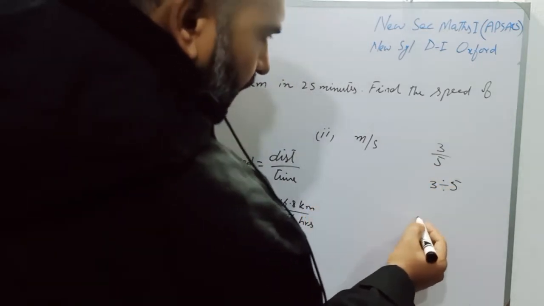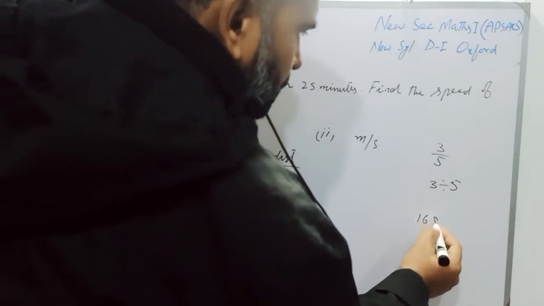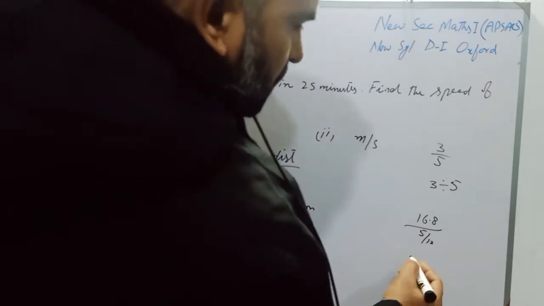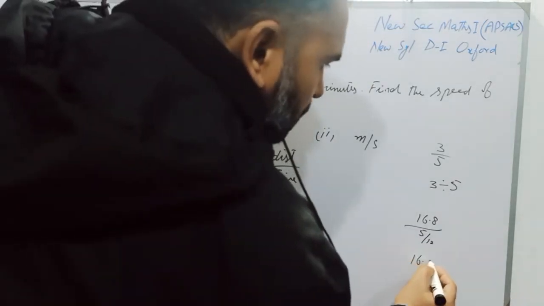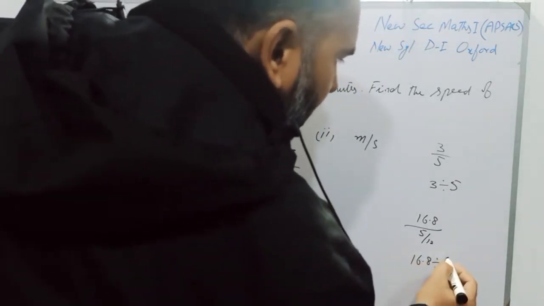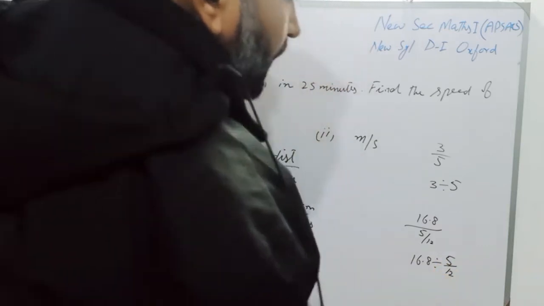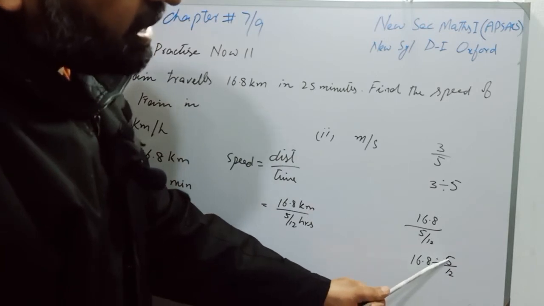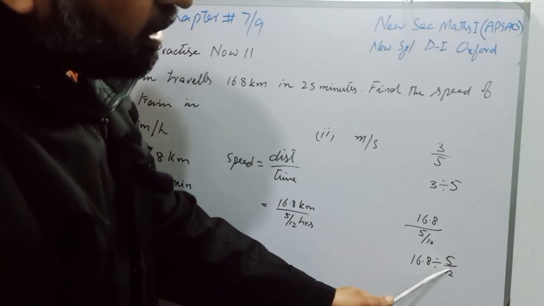In the same way, it is written as 16.8 over 5 over 12. So students, it can be written in the form of 16.8 divided by 5 over 12. Now we will convert this division into multiplication, and then we have to take the reciprocal of the divisor.